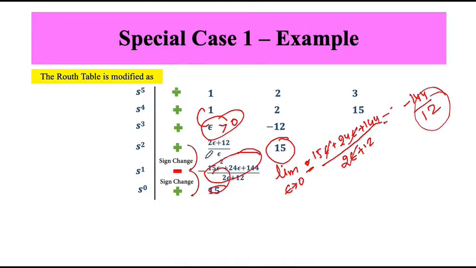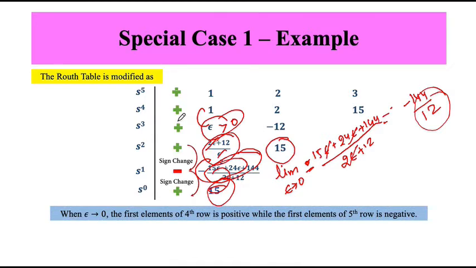Then I go here, this guy becomes negative, this is positive, because if this is positive, everything will be positive. Now this guy becomes negative, and again the last guy is positive. So here I am having one sign change, then another sign change.